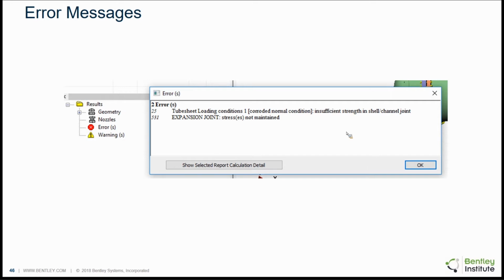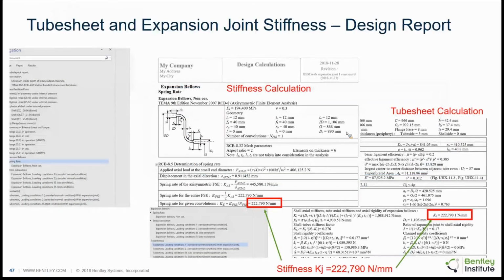It's still showing insufficient designs. So the strength is not sufficient still. So insufficient strength in shell channel joint. And now there is an additional problem, which is that the stiffness is quite high because we used only one convolution. So the expansion joint stresses are also beyond the allowable values.